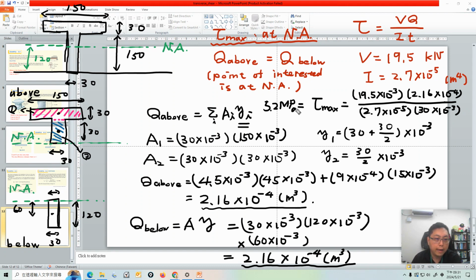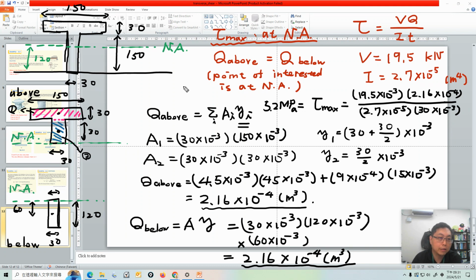And in the previous problem, we calculated the shear stress at this joint, and the value I think is 4.8 something. At the neutral axis, the shear stress is 5.2 megapascal, which is greater than at the joint.